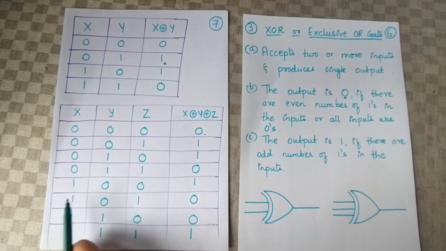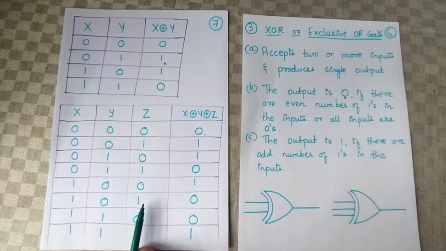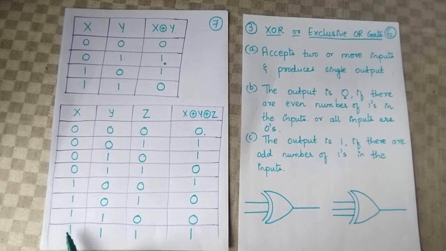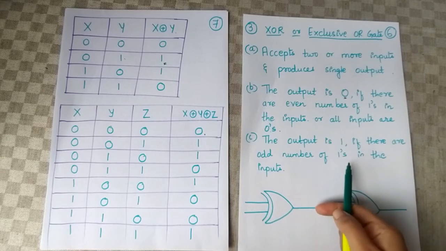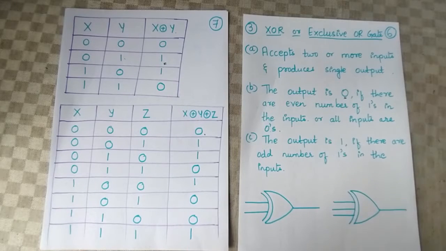Here 1 is appearing 2 times, even number, so it should be 0. 1, 1, 0. Here 1 is appearing 2 times, even number, so result is 0. 1, 1, 1. Here 1 is appearing 3 times, so it is again odd number, so result will be 1.